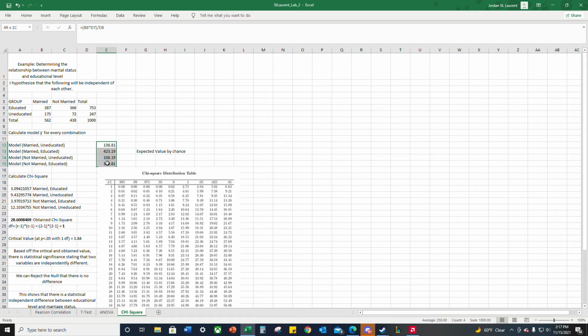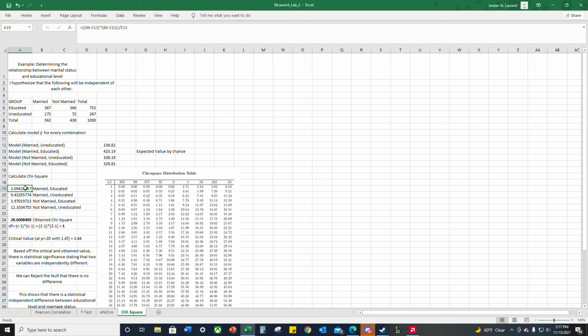Once we have calculated these values, we will then calculate the actual chi-square, which is taking the expected values that we have calculated and comparing them with the values of the actual group, and then calculating them against each other, and like we did for the expected values, we'll be doing that for every single individual value.